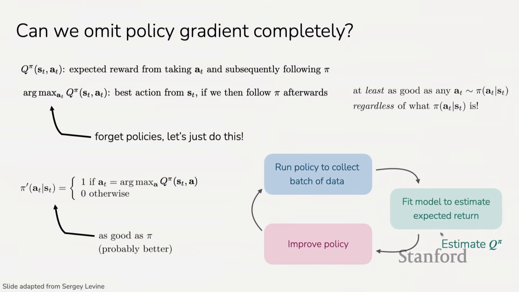You could also do this in an off-policy way, like we talked about in the last lecture. Then to improve your policy, you can just define the policy to be the one that maximizes Q pi. Once you define that new policy, you can collect some new data and then estimate Q pi again, but for your new policy and not your old policy.